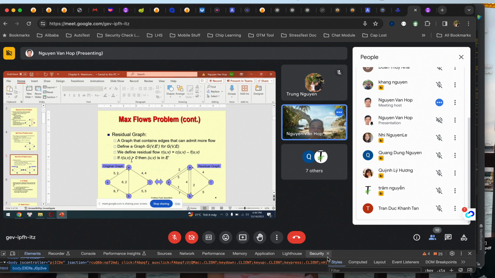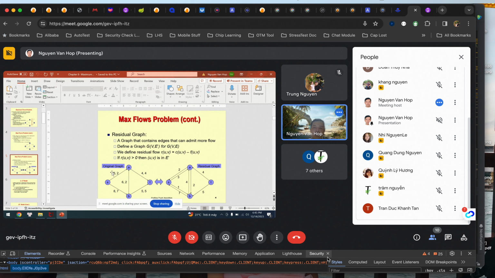For example, look at this graph. You see that here we have one arc, two arcs, three arcs, four arcs, and five arcs. In this case, for the arc S to T, we call this arc a residual arc because we have remaining flow: the capacity is 5 minus the current flow of 2.